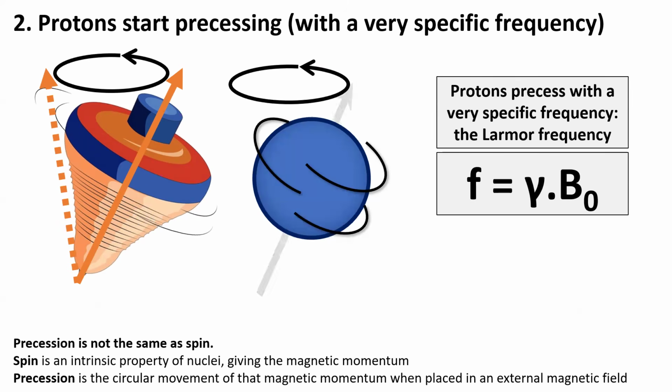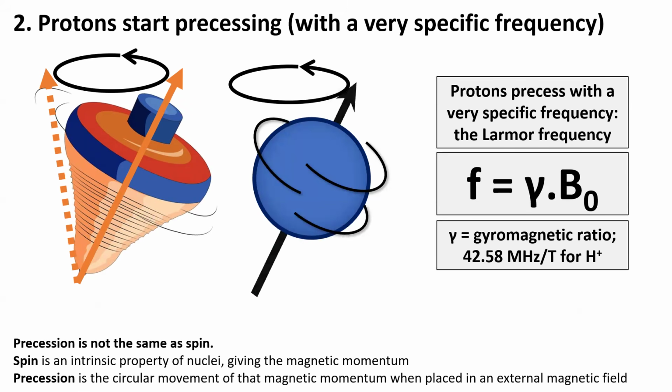And I'm going to avoid mathematical or physical formulas as much as possible, but this one is, I believe, basic for most radiologists. The Larmor frequency is given by the gyromagnetic ratio, given by the simple symbol gamma over here, multiplied by the external magnetic field.